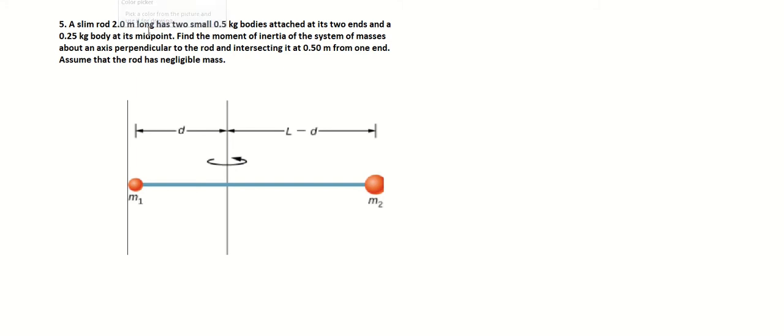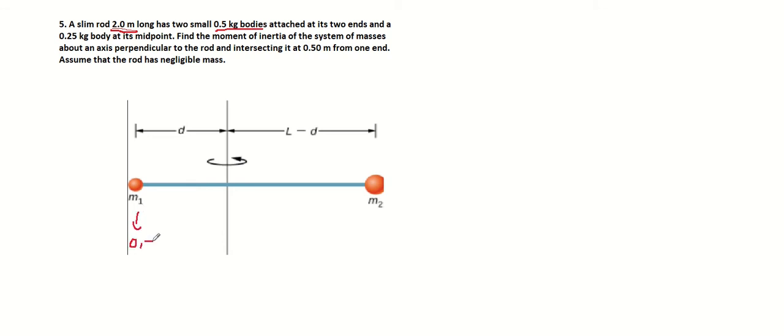So first, na gagawin natin dito is label natin lahat ng present dito. So, una, meron tayong 2 meters na rod. Sandali, ayusin ko yung pen. Ayan, meron tayong 2 meters na thin rod o slim rod. Tapos, 0.5 kilogram bodies. So, yung timbang ng mga to is 0.5.